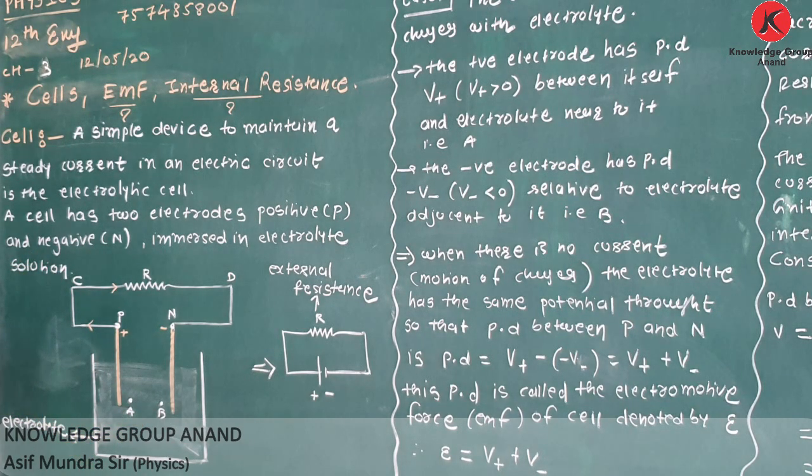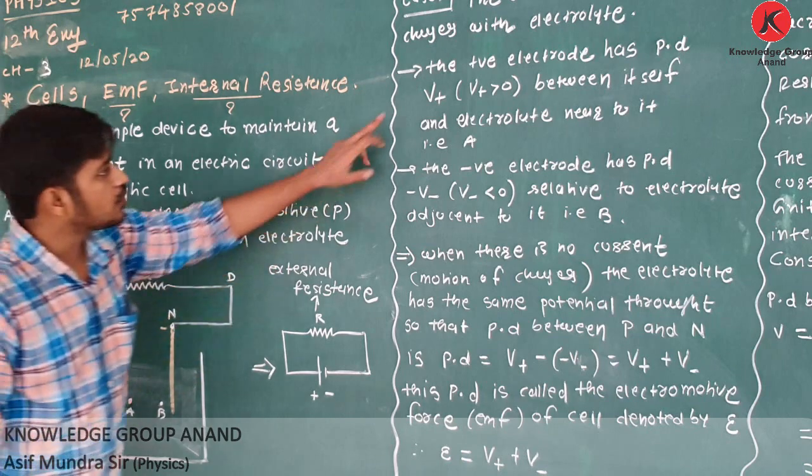Clear about this? Now see, as it is the positive electrode, take a point A in the electrolyte near to it. The potential of this positive electrode with respect to this point A in the electrolyte is positive, and I am indicating it as V plus.